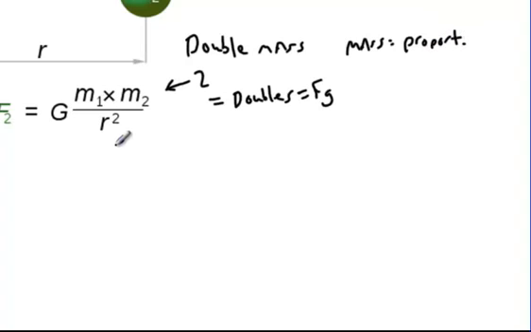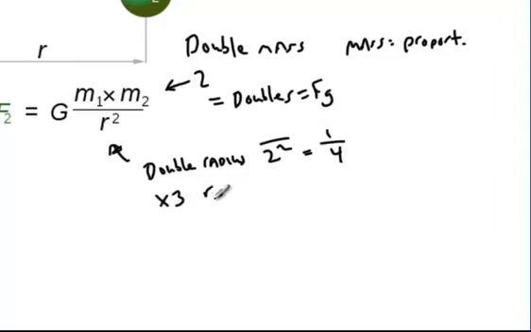Whereas the radius down here is being squared. So if you double the radius, that 2 is getting squared. So on your denominator, you are getting 1/4 of the force of gravity. If you triple the radius, it is being squared, so you would have 1/9 of the force of gravity.